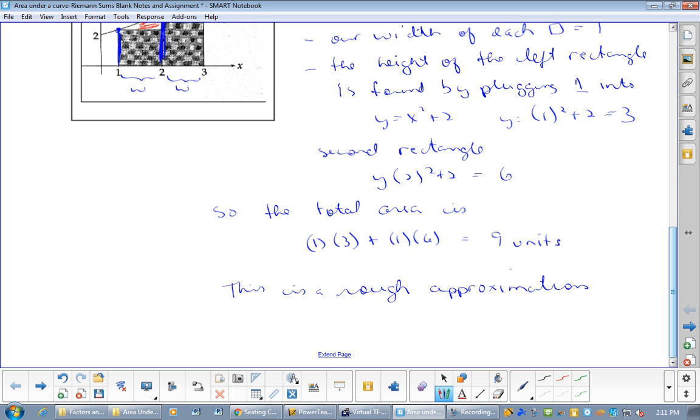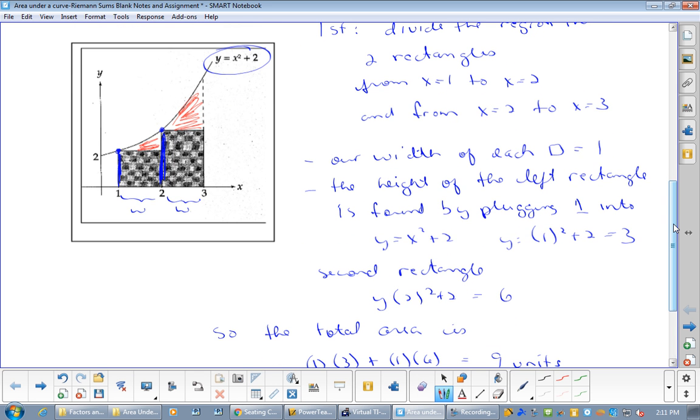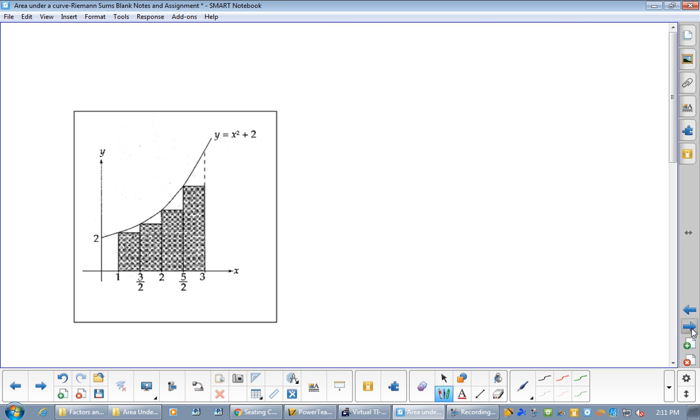So what would make this better, to find more of that area that's missing? That's where we go to, if we cut the rectangles in half, we'll get a better approximation.